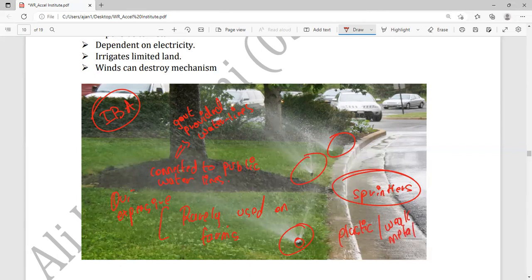So there is a risk that they might get destroyed by heavy winds.